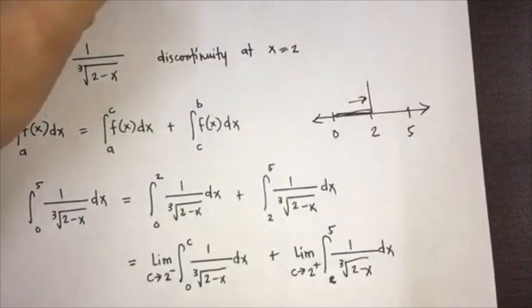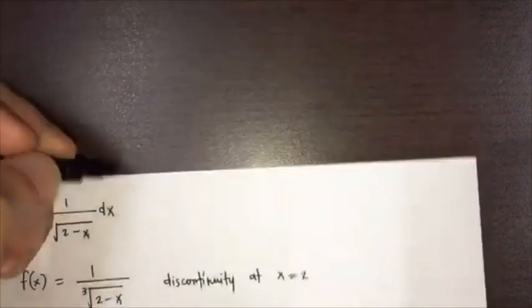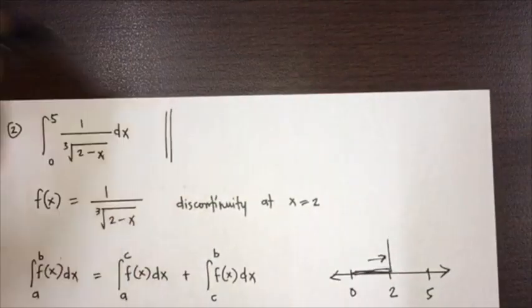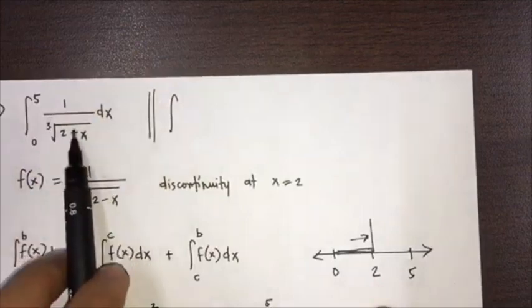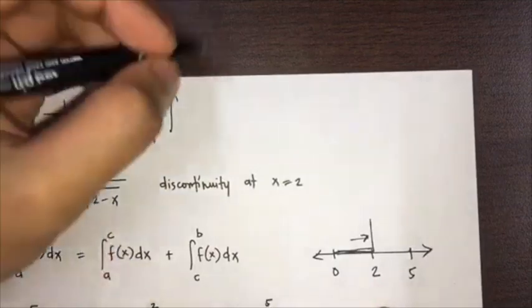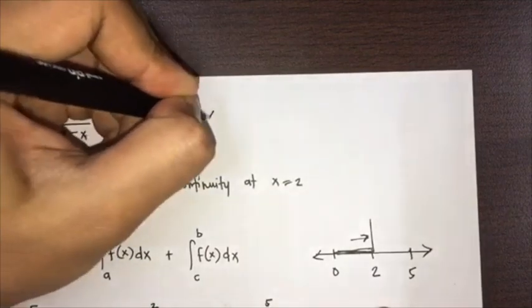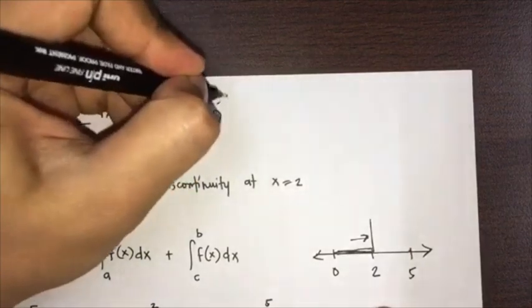So first, evaluate the indefinite integral. The integral of this will become 2 minus x raised to negative 1/3 dx.